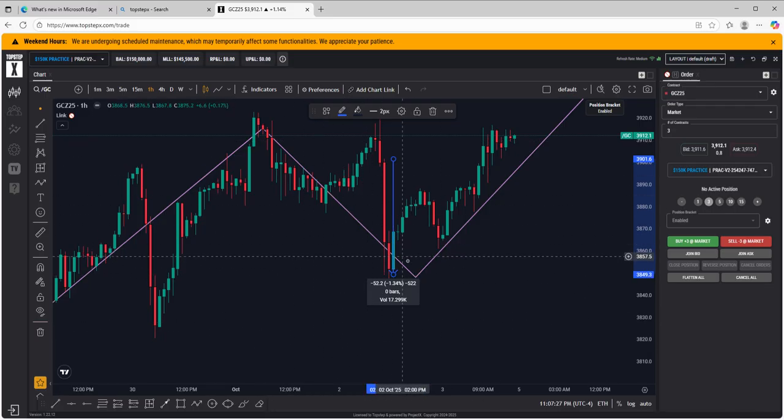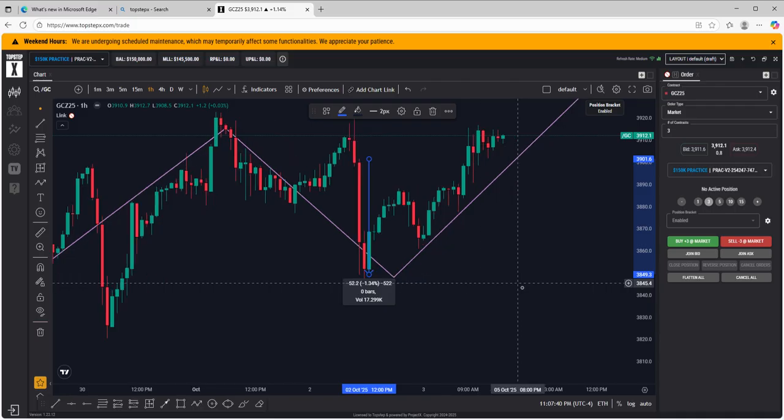Each currency or commodity that you trade has a different value per pip. And so for gold, each pip is worth $10. So if this is 522 pips, this is $5,000. This one candle is worth $5,000.